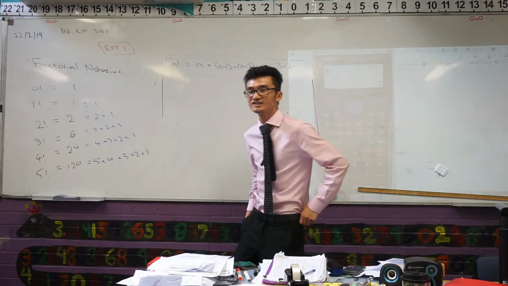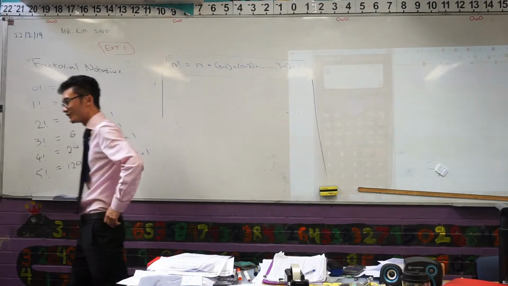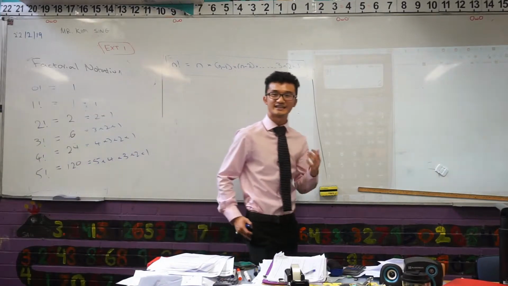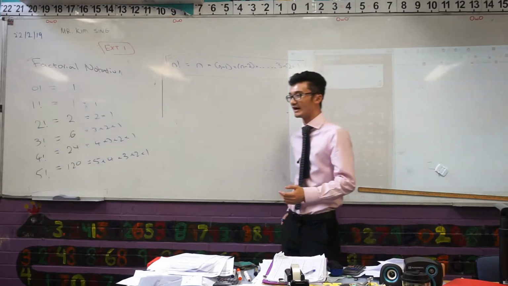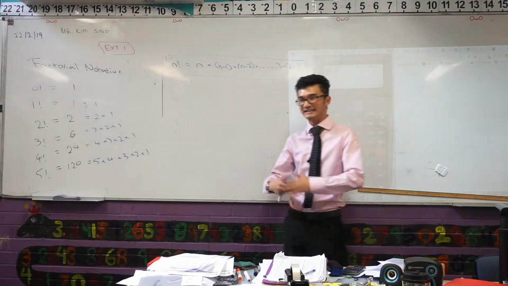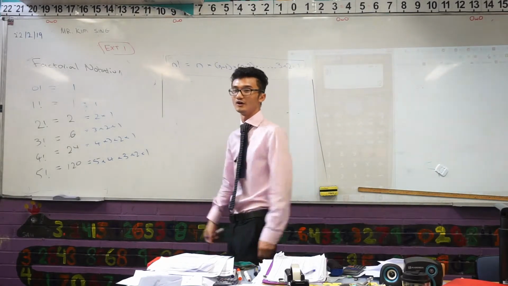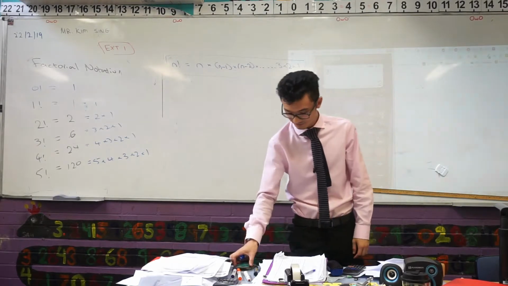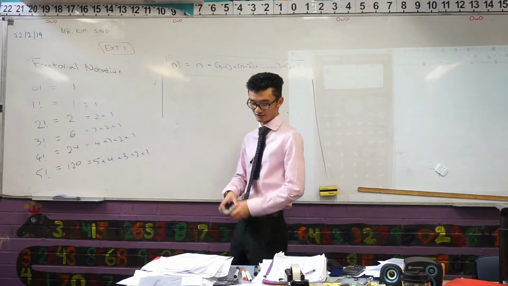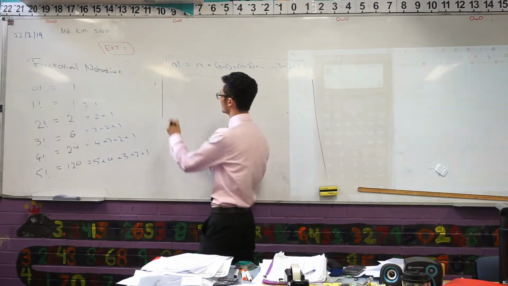Why is this particularly useful? Because if we think about our counting techniques, how many different positions there are and how many different choices there are, these numbers can be quite large. Let me give you an example. A deck of cards. How many cards are there in a deck of cards? 52.